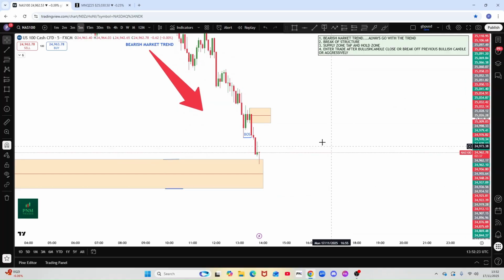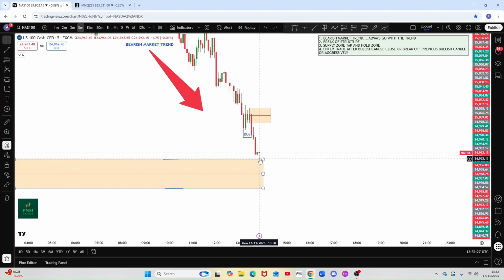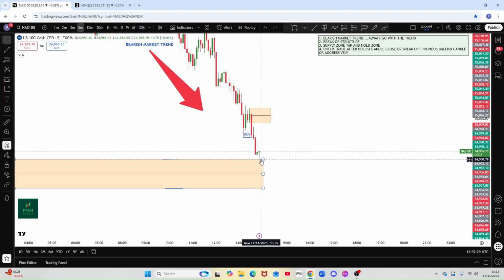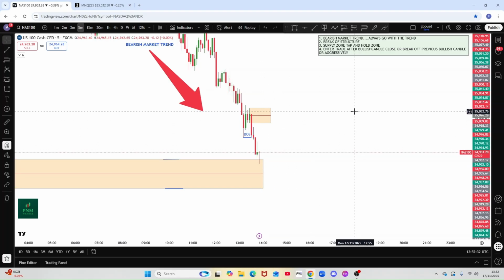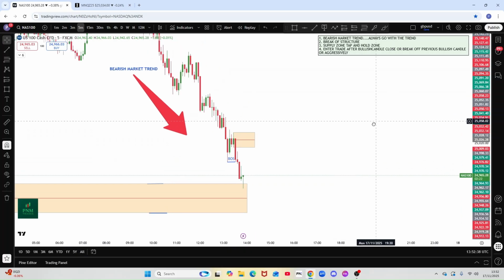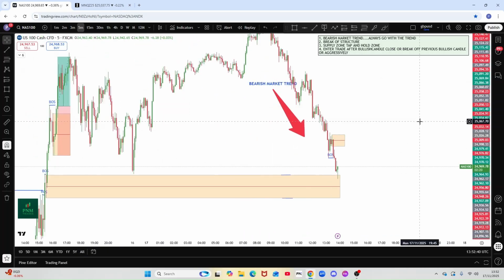I just want to have an understanding of why it's doing all this. But potentially it will go up from this zone. See how it's reacting right now. But I don't want to enter a buy just because of that, because it's an old zone. Yeah, we'll see how it goes.